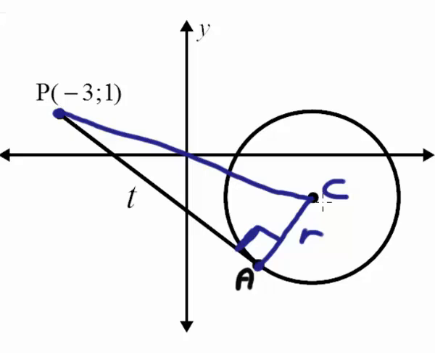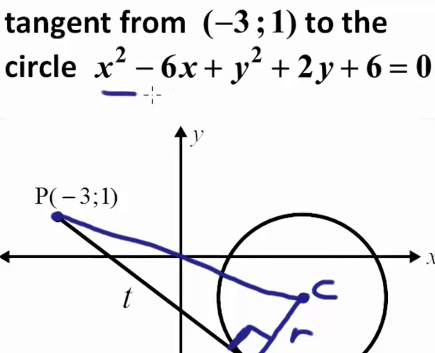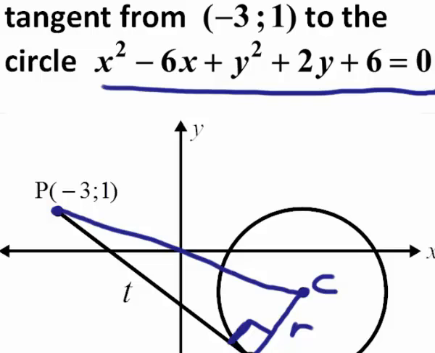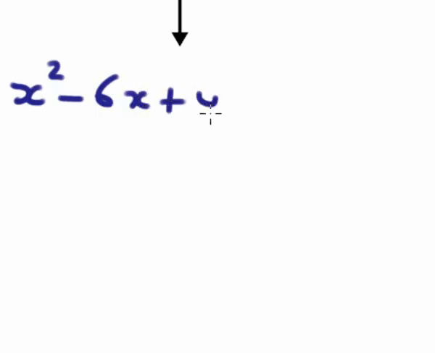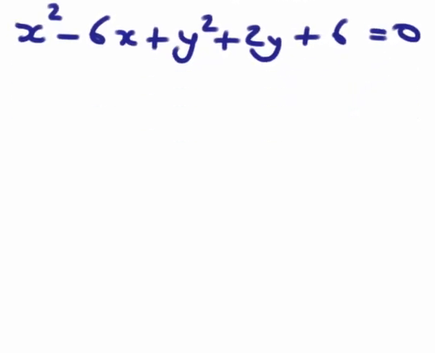But the question is, how do we get the center and the radius of our given circle? Well, there it is, and we're going to need to complete the square to be able to do that. So let's have a look. Let's rewrite that equation. We've got x squared minus 6x plus y squared plus 2y plus 6 is equal to 0, and let's complete the square to get the center.